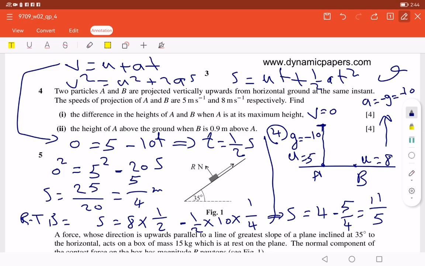Now we have the height of particle B and the height of particle A. To find the difference between the two heights, we can subtract.